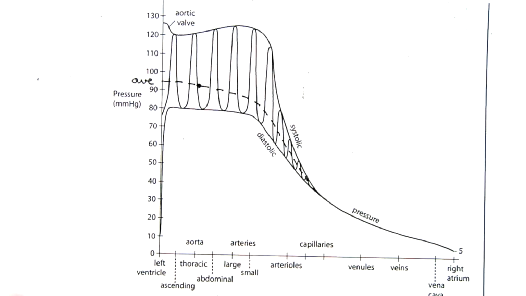How about in the arteries? Well, remember we've lumped the large and small arteries along with the arterioles all together. So where are we going to say the arteries lie? Well, I'm going to say maybe somewhere in the center between the large arteries and the arterioles, maybe right about there.